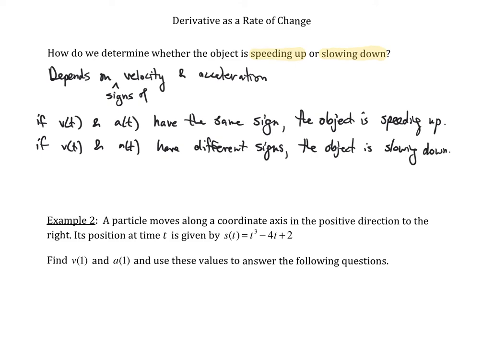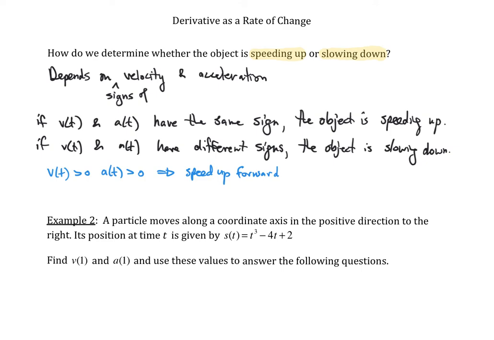Let's break down a few different cases. Let's say that v of t is positive and a of t is positive at some time t. Then this means that the object is speeding up and going forward, because the velocity is positive.